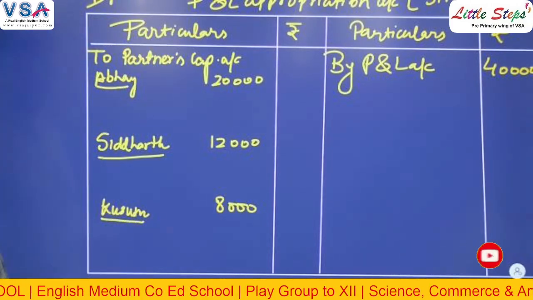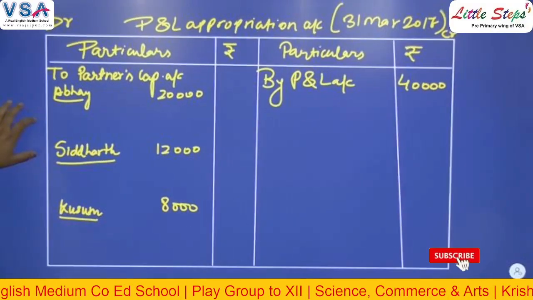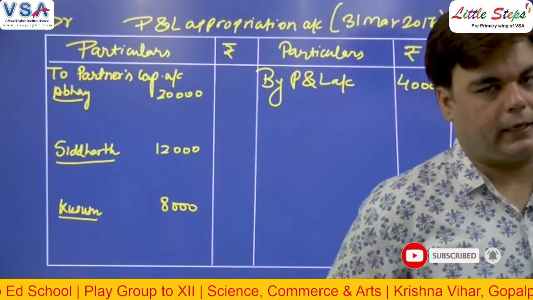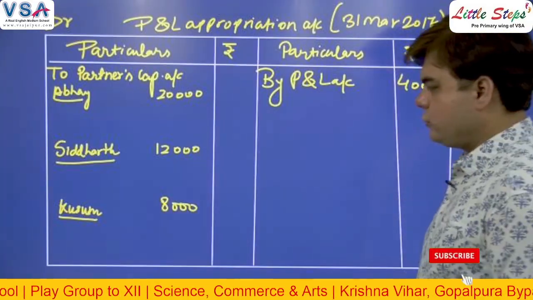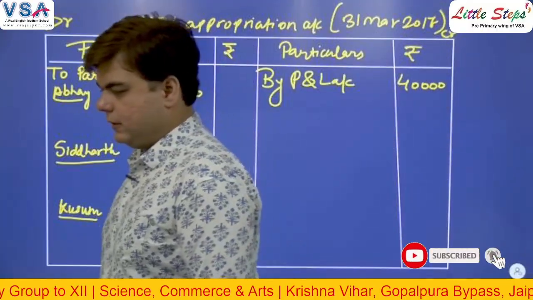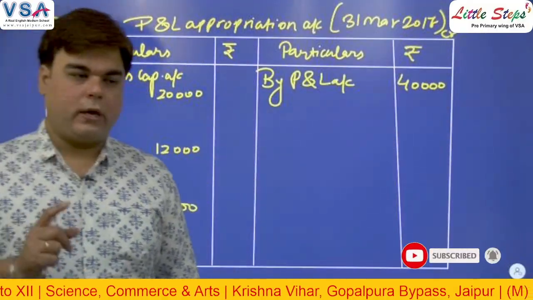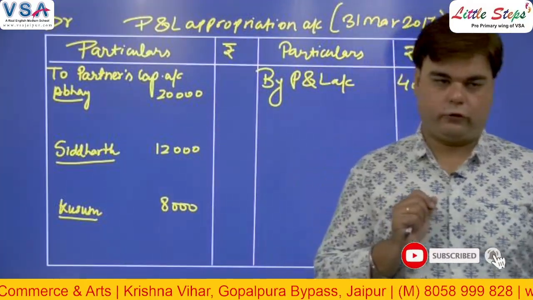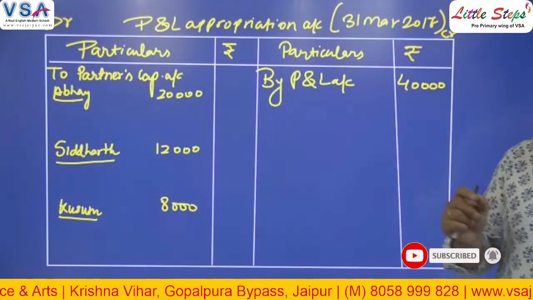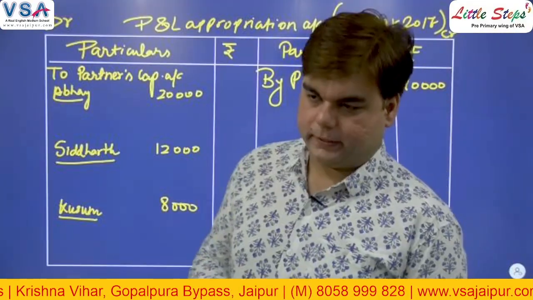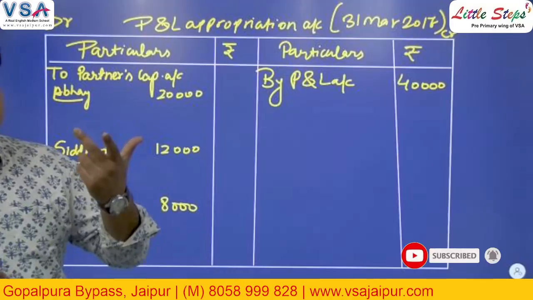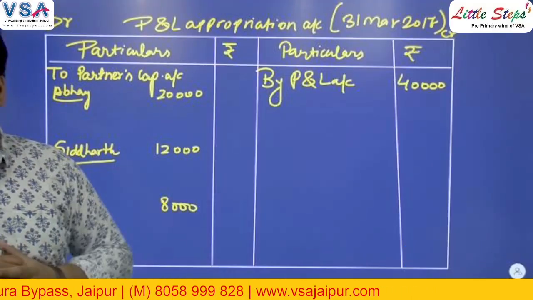As the partners distributed the profit among themselves, they were ready to leave. But Kusum stopped Siddharth. Siddharth bhai, you have promised me that I'll be having at least a profit of 10,000 rupees for the year. But right now I'm gaining only and only 8,000 rupees. So I am left with a shortfall of 2,000 rupees. So Siddharth has provided the guarantee.